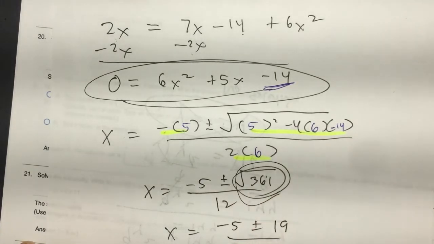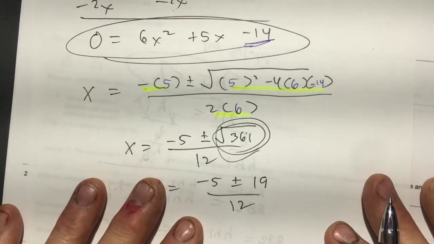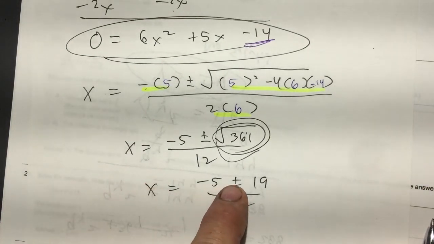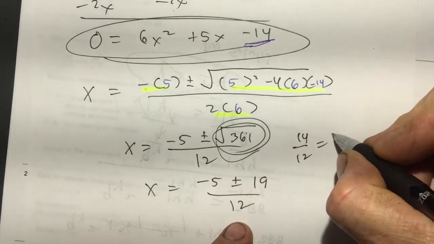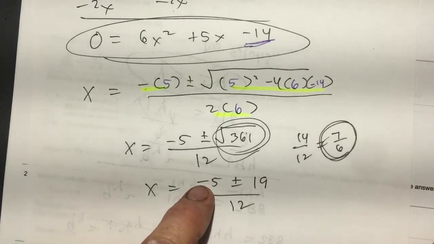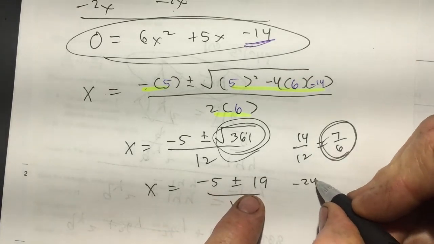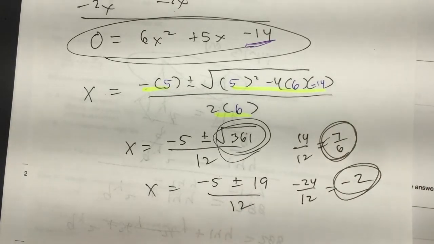This is a perfect square right there. So here's what I've got. There's my two answers. All right, so that means negative 5 plus 19 is 14. 14 over 12, that simplifies to 7 over 6. There's one answer. Negative 5 minus 19 is negative 24 over 12, which is negative 2. There should be my two answers right there.